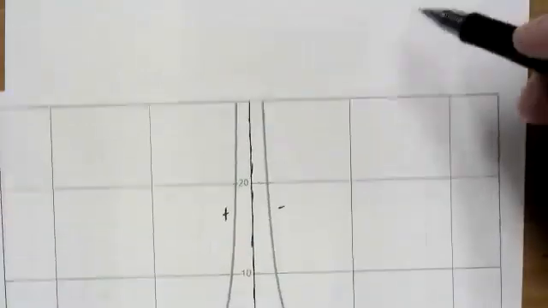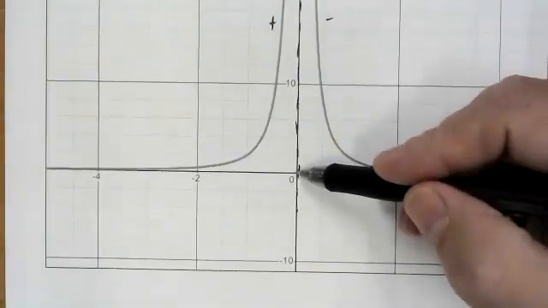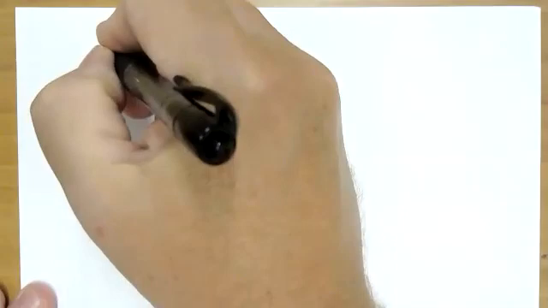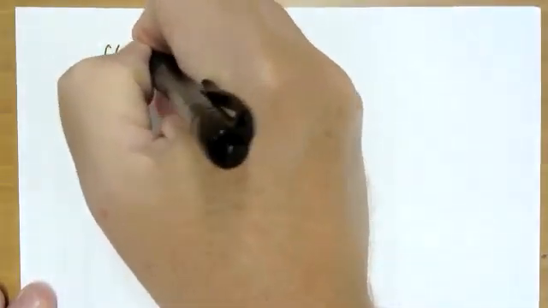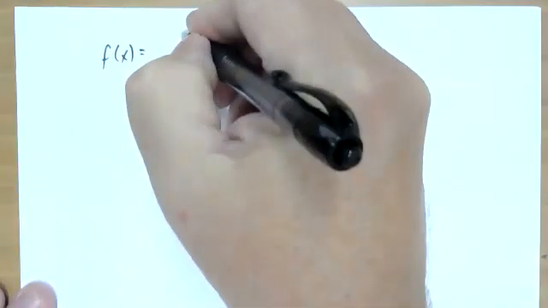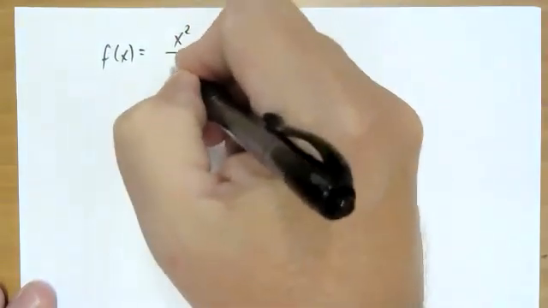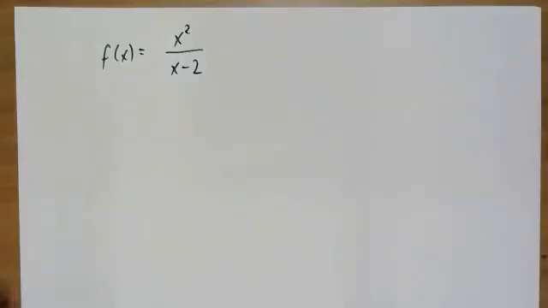For this first example, all we had was a vertical asymptote, no critical points. However, let's do this next example, because I think for this example, we will have both critical points and vertical asymptotes. So this next problem is x squared over x minus 2.